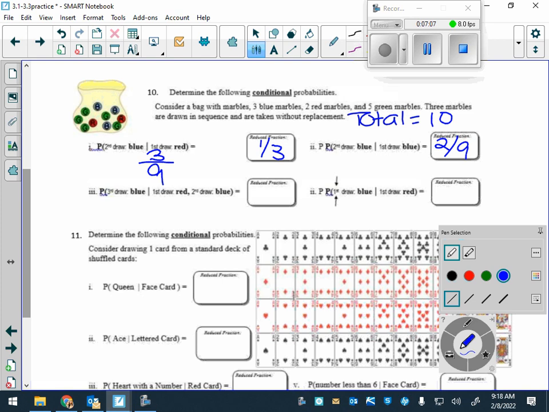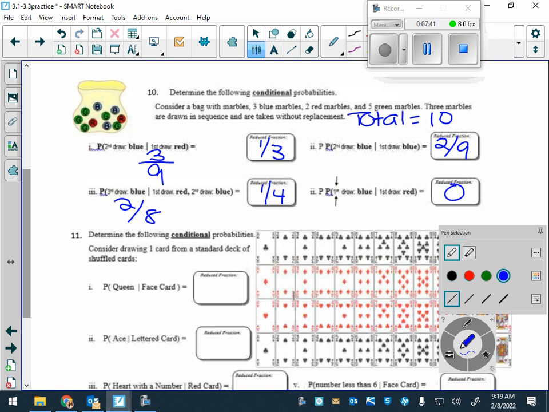Probability the third draw is blue, given the first draw was red and the second one was blue. Eliza? 1/4. Excellent. We already chose 2, so the total is down to 8. We already chose a blue as well, so instead of 3, we're down to 2, which is 1/4. Now, the last one. Probability the first draw was blue, given the first draw was red. 0. Can't happen.